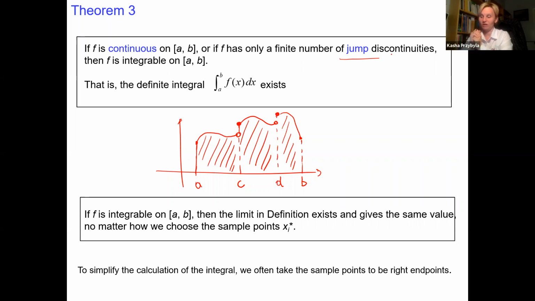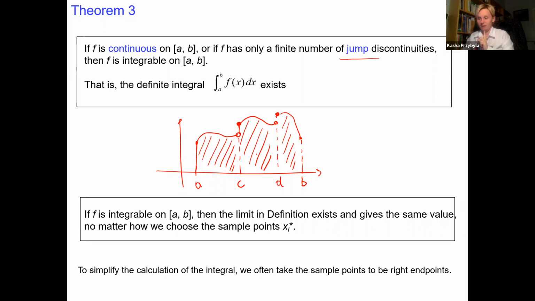Probably we have to integrate maybe 3 times because we have some situation at C and D, but we can definitely integrate. Even if we have an asymptote, we call them improper integrals, and we can still do something, but that's calculus 2. For now we only need continuous functions or jump discontinuities.